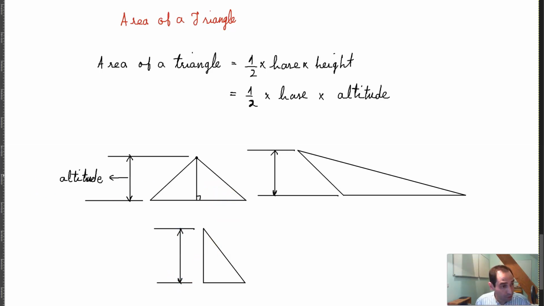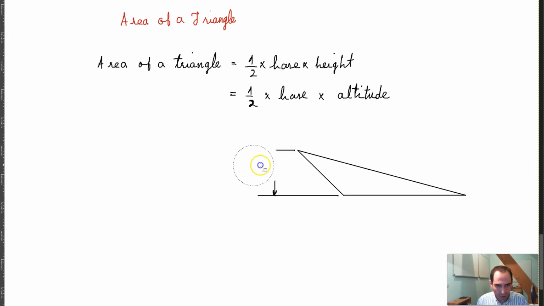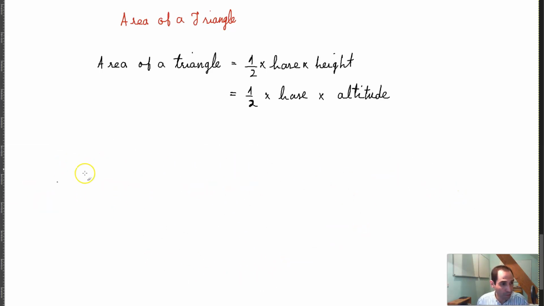Now, we had also something in, I think, class 8 or so, which was called Heron's formula.